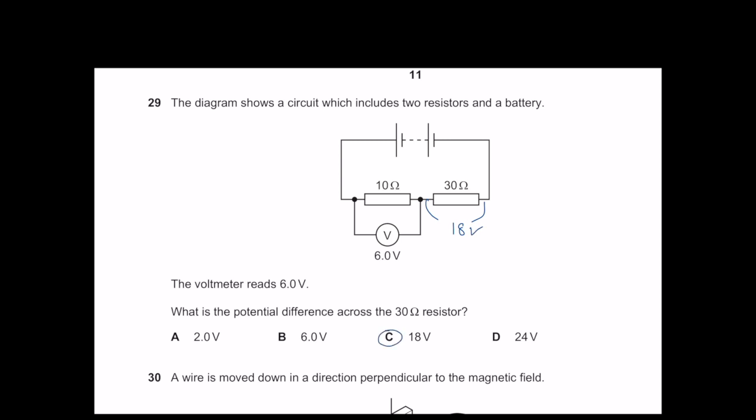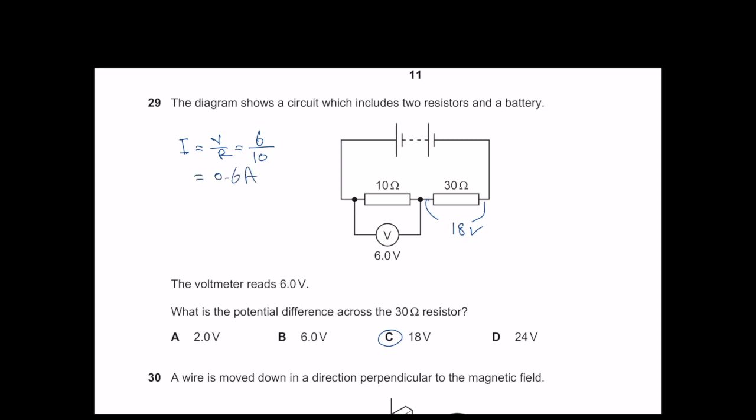But if you don't like this idea, we could go formal, through some laws. First of all, find I in the circuit, equal to V divided by R. V here is 6, divided by R, which is 10, so it gives you 0.6 ampere.